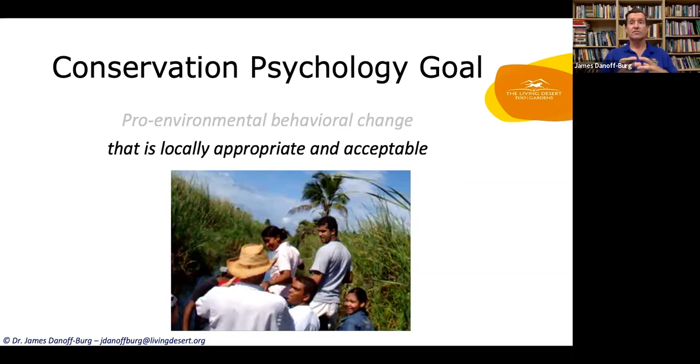And whether that is doing the necessary primary research, trying to understand better what people think about, say, cheetahs or the Mokoro boats or what have you, or it's directly trying to assess the impact of a behavior change campaign that we have tried to do already, that is still all trying to understand and promote pro-environmental behavior change that is locally appropriate and acceptable. So that's our goal. Behavior change in the short, but pro-environmental behavior change that is locally appropriate and acceptable. So that's our goal for this class.